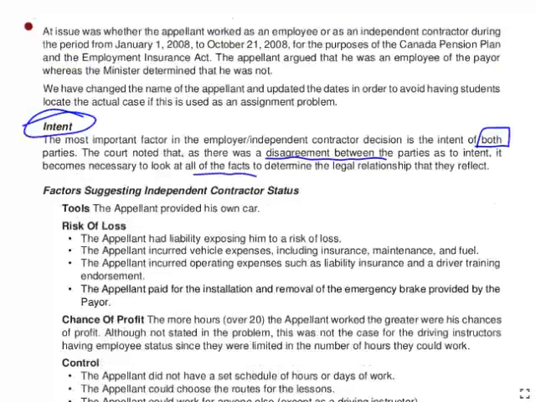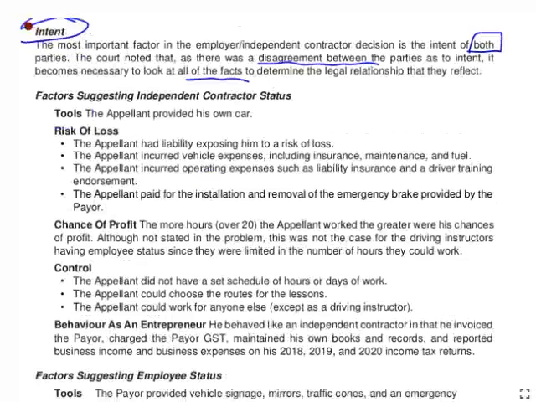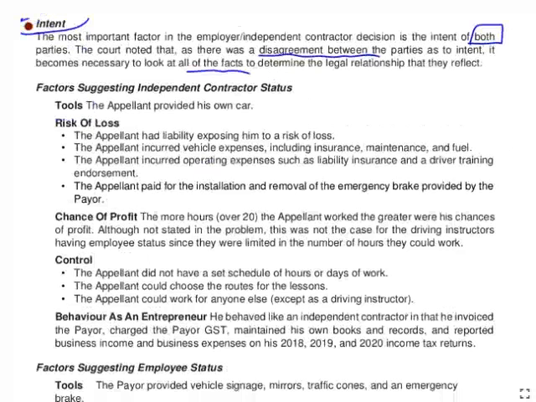So again, first we're going to look at the intent. And although there is clear evidence that the payer intended this to be a self-employed arrangement, there seems to be some disagreement on that intent. So we have to look at the rest of these to make a determination.